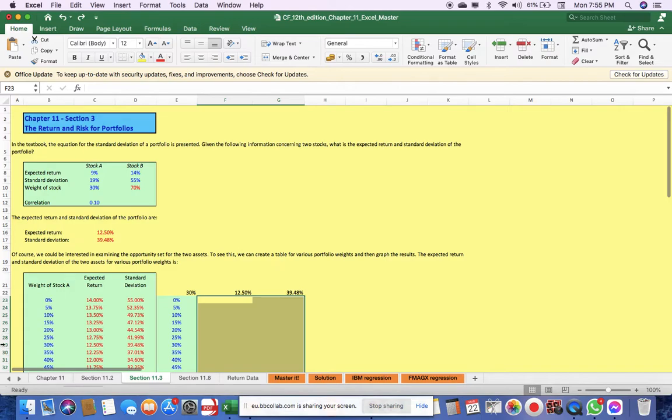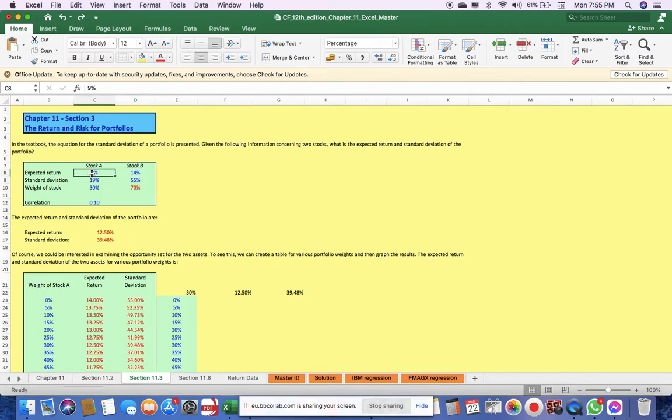The next section is talking about the expected return of stock A, expected return of stock B, standard deviation of stock A, standard deviation of stock B. All clear? Now, for example, bond fund and stock fund.